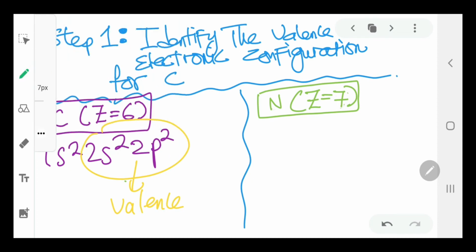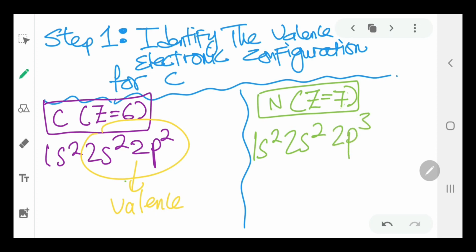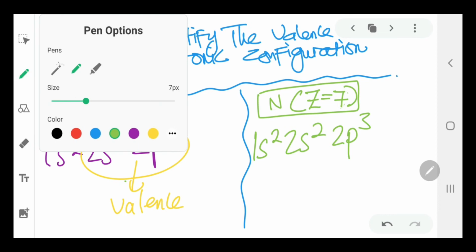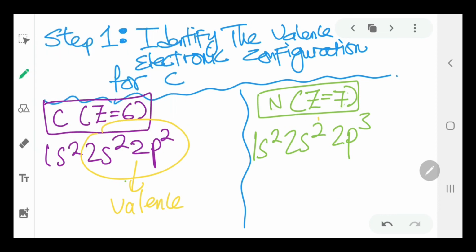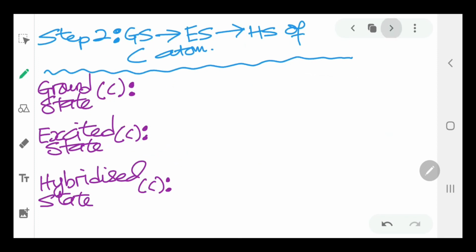For nitrogen, you have 1s2, 2s2, 2p, 1, 2, 3, 4, 5, 6, and 7. So you have 2p3. And those are the valence electrons we need to consider when you want to show the orbital hybridization and overlapping.